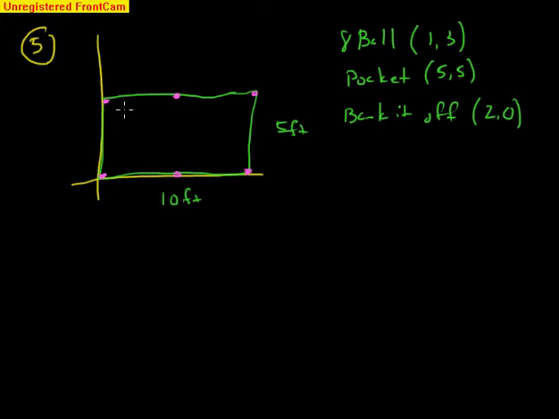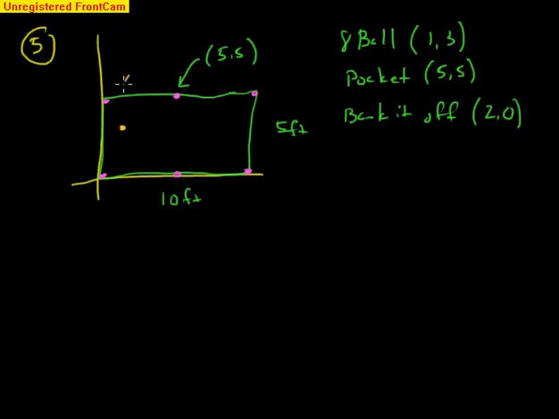Okay, I'll use orange. Let's say that the ball is at 1, 3. So this is 5. So 1 is like here, 1, 3. So here's my ball. And the pocket I'm shooting for is 5, 5. So this right here is the pocket I'm going for.